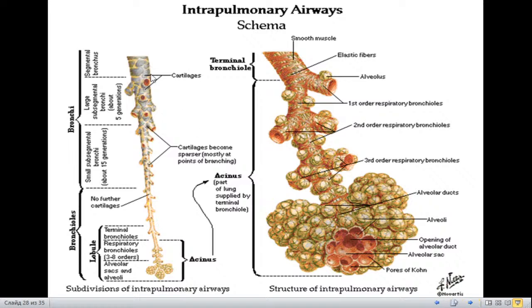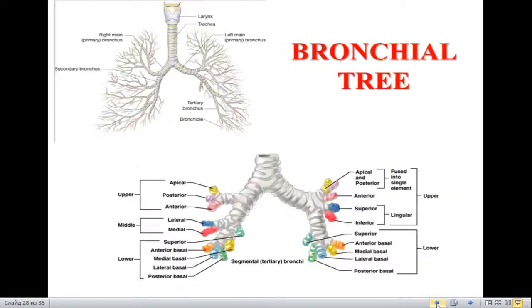Then the bronchi start to divide a few times. Bronchi of first order, in this picture, are the main bronchi.